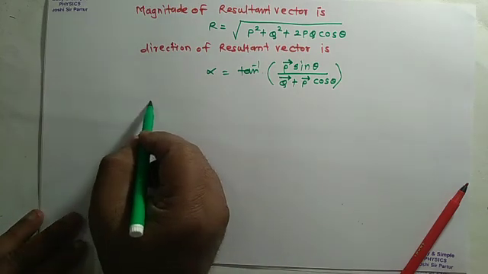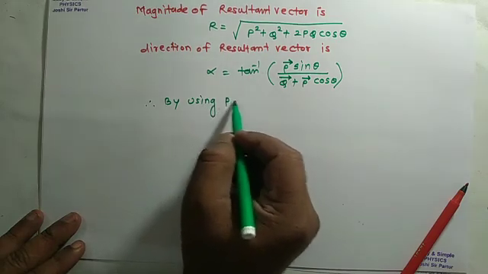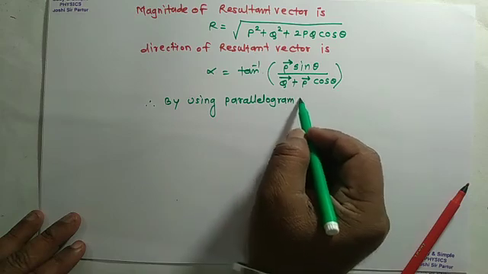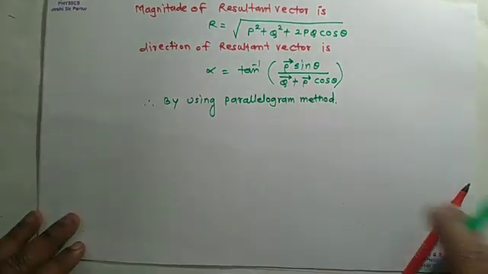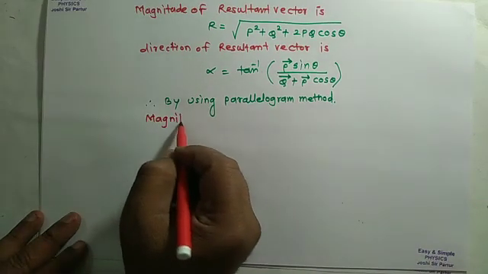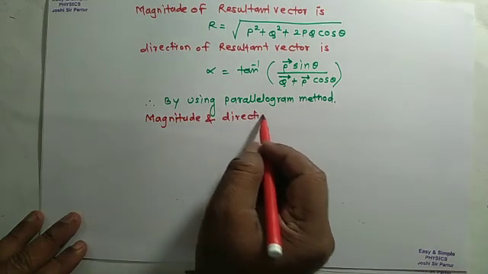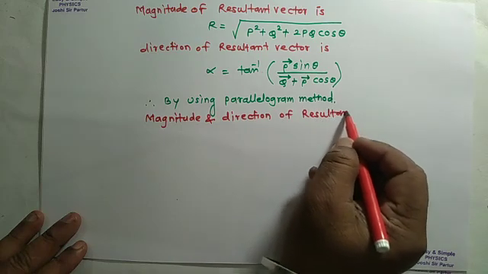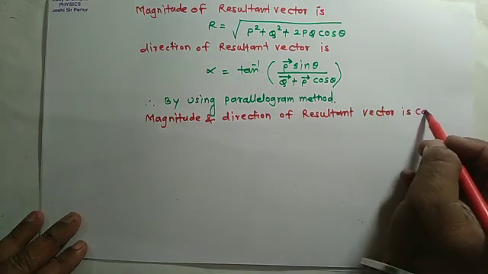So we can see by using the parallelogram method, the magnitude and direction of the resultant vector is calculated.